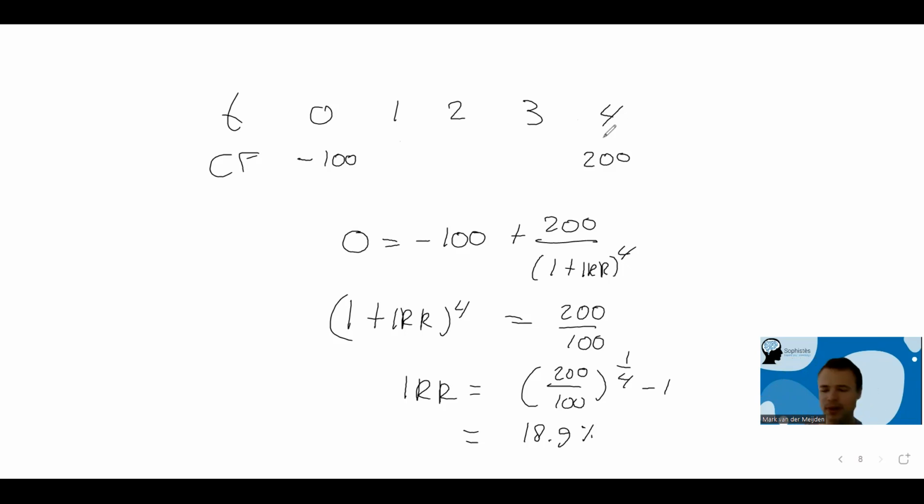That's pretty interesting, right? And remember, if the discount rate is smaller than the IRR in this case, then the NPV would be positive. Okay, that's what you need to see here.